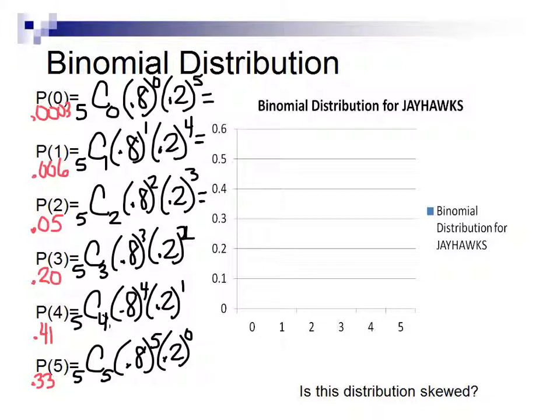All right, so the probability of 0 people saying Jayhawk was very slim, just kind of a line there. Even for 1 was teeny tiny. That's probably bigger than that should be. Okay, 2 is a 0.05. So that's about halfway up right there. And then the probability that 3 people said it, now we're getting somewhere.